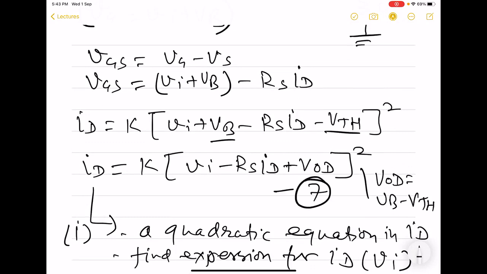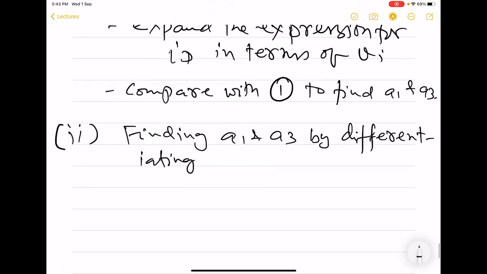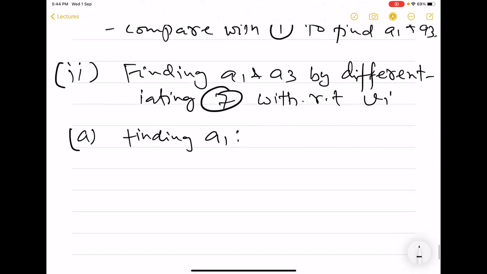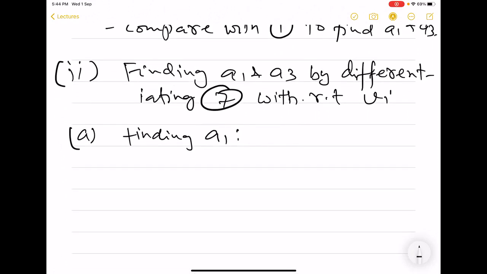So we differentiate this equation 7 with respect to the input, which is Vi. Let us first try to find out A1. So for this case, we do this differentiation.